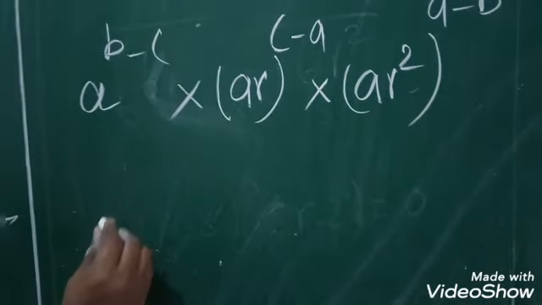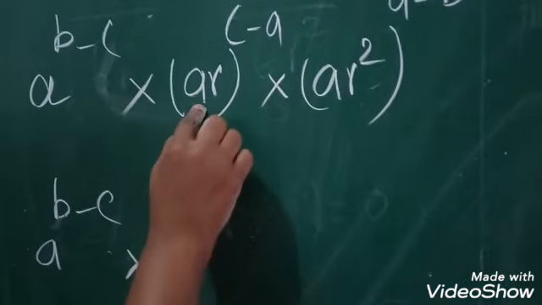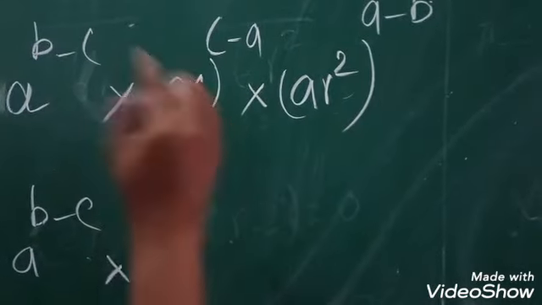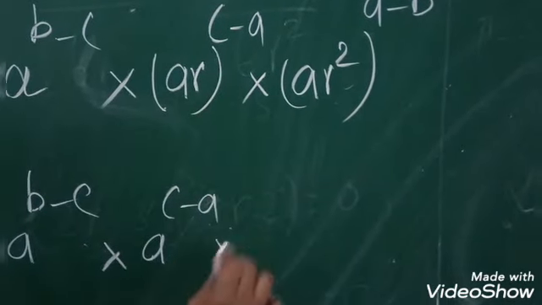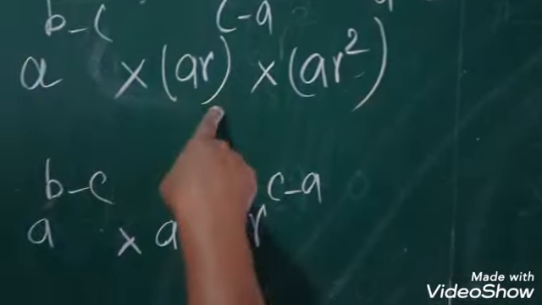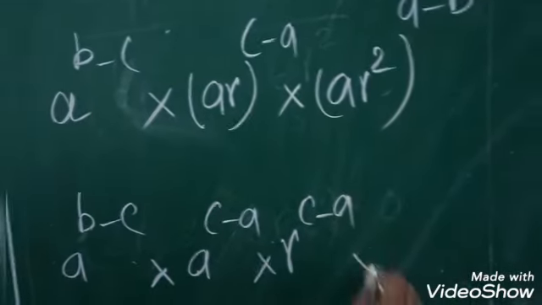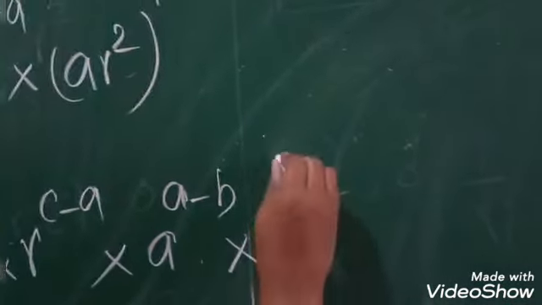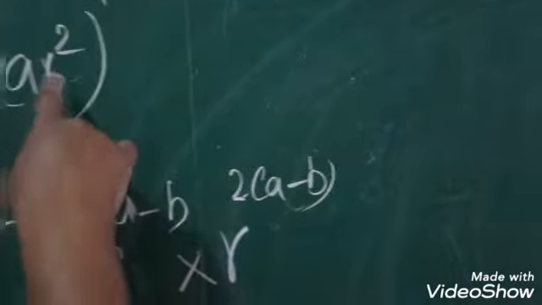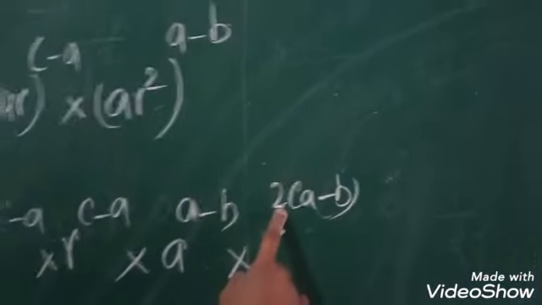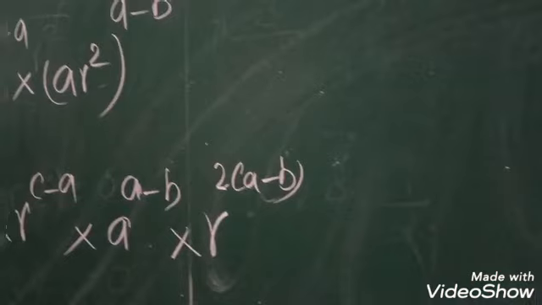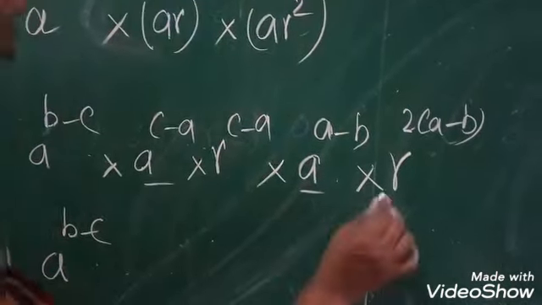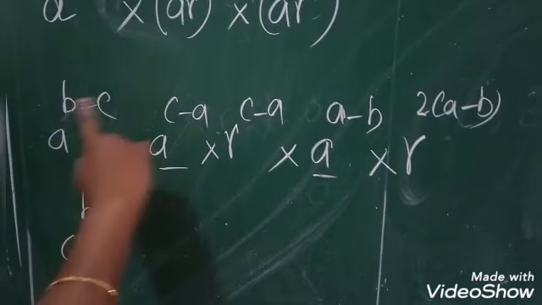Here how do you write? A power B minus C. Here this is A and R, the power is split for A and R. Okay, A power C minus A into R power C minus A. Have you all understood this step? The same, like A power A minus B into R power 2 times of A minus B. Here R squared, R alone squared, so R is equal to R power 2 times of A minus B. Now all the A's you have to take together, the base is equal, so the powers should be added.